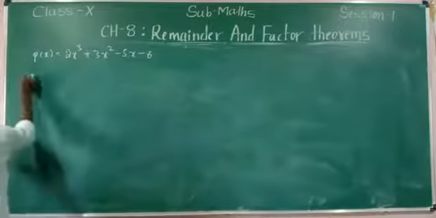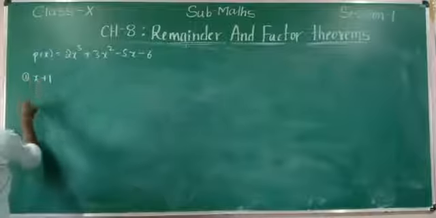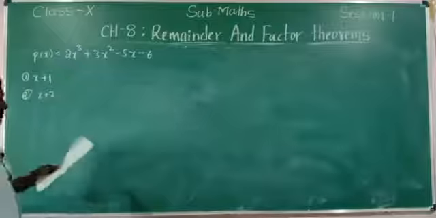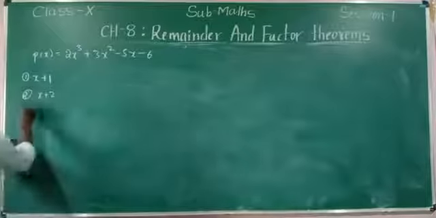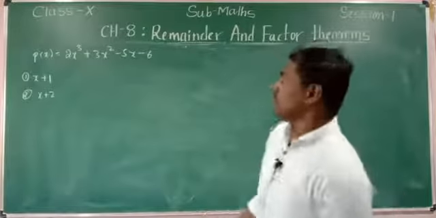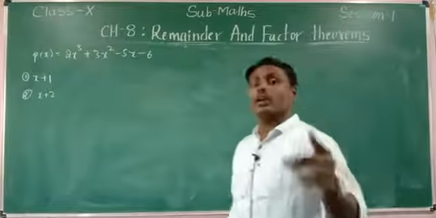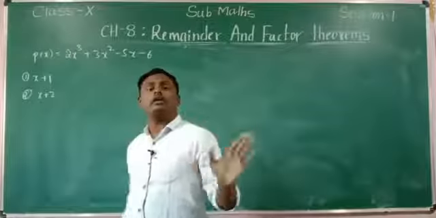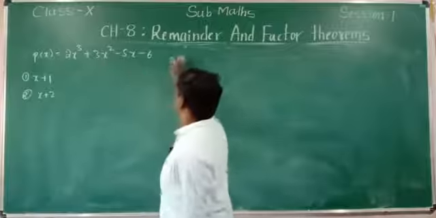The two values given are x plus 1 and x plus 2. Just substitute these two values in the given expression. If you get the resultant value as 0, then these two are factors of the given expression.